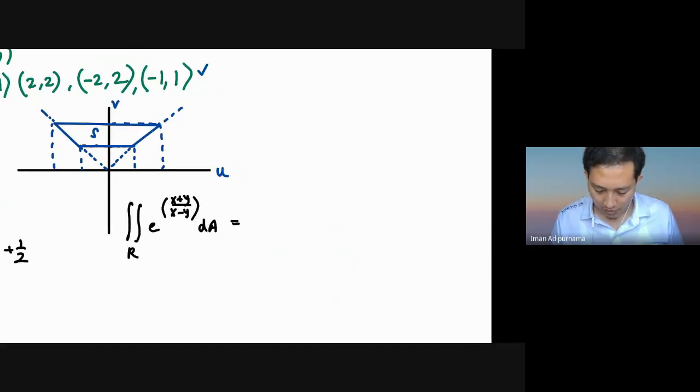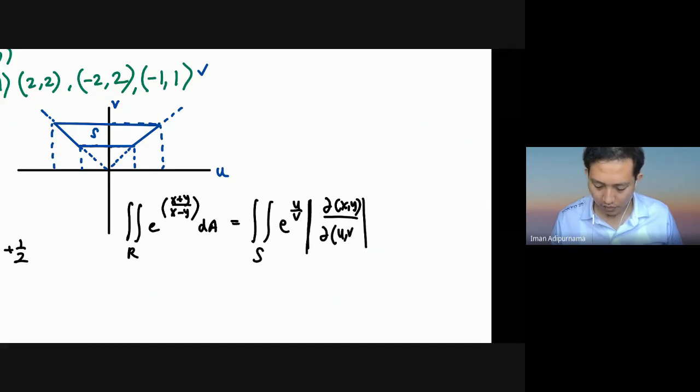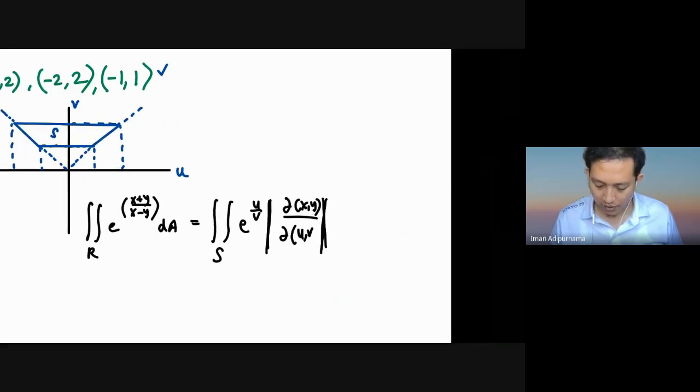So we can say that first, maybe write S. Okay. So e to the u over v, and this will be the Jacobian. So it should be positive Jacobian. So whenever you find a negative in your calculation, you need to convert it to positive.